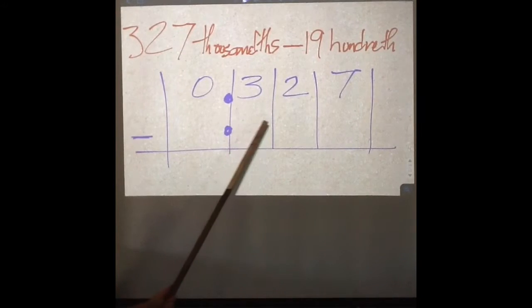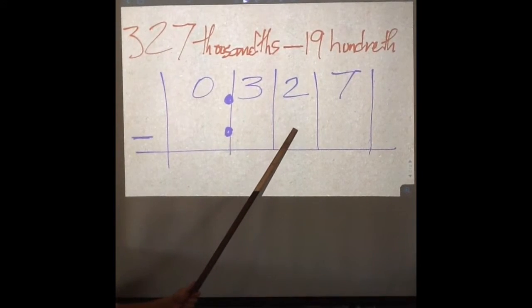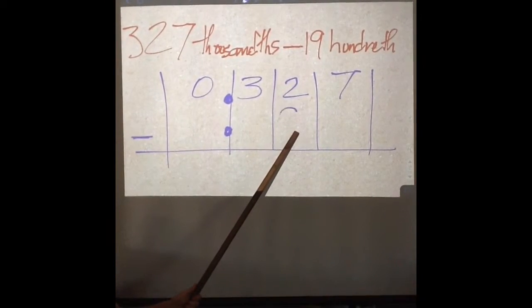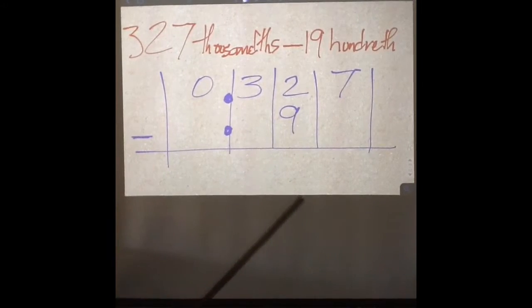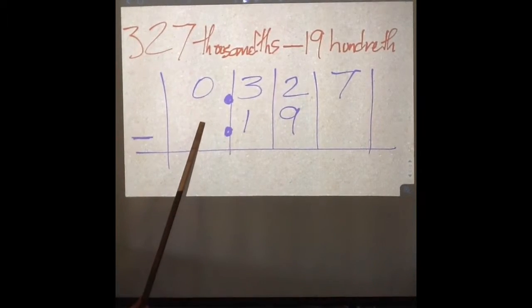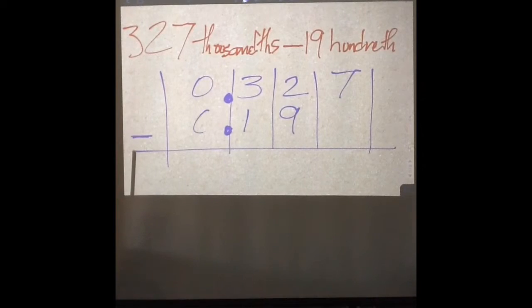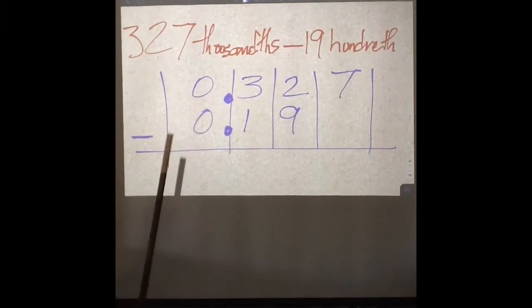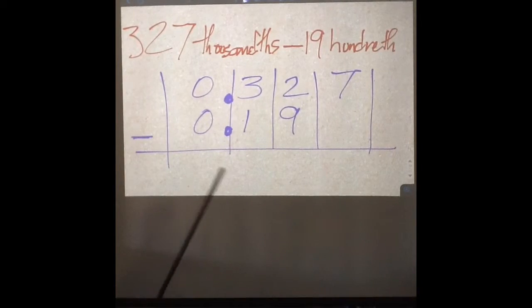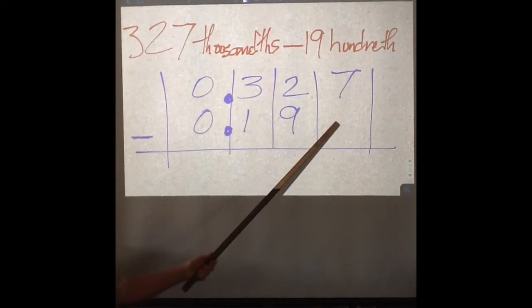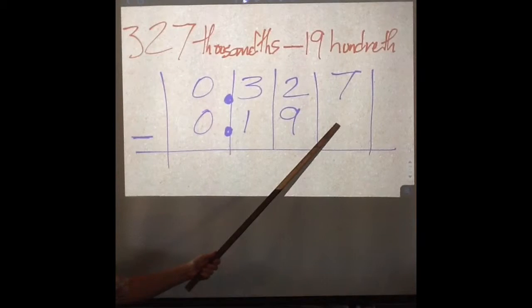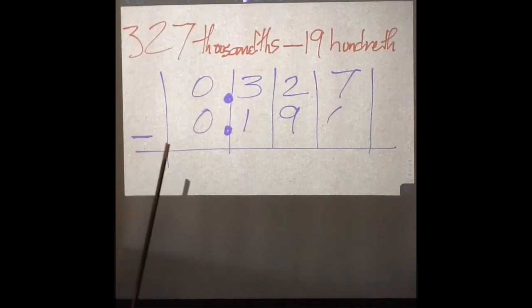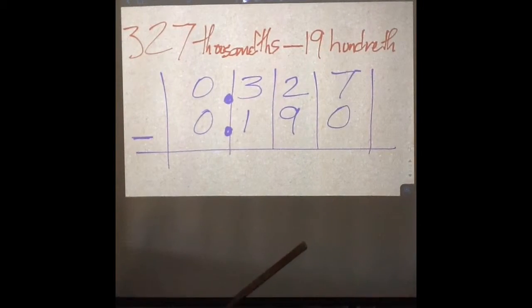So the 9 goes here, and then our 1 would go next to it. And what do we put over here? A 0. Why a 0? Because we don't have any whole numbers, we always want to show that. And what do we put over here? A 0. If it's a blank space, it's automatically a 0.